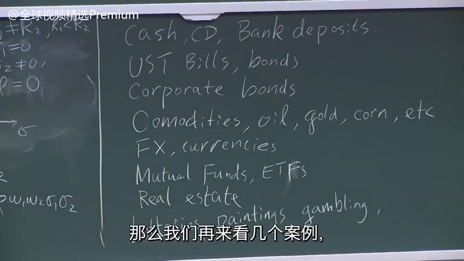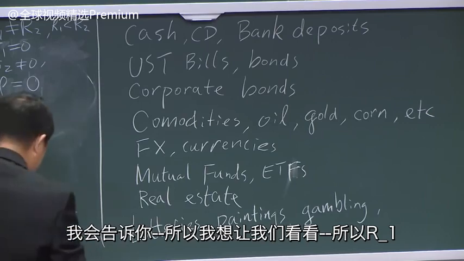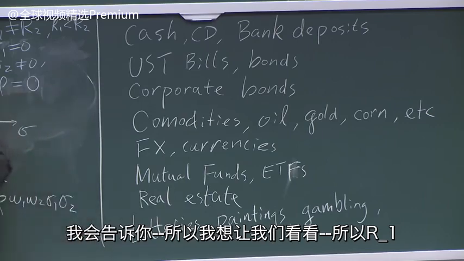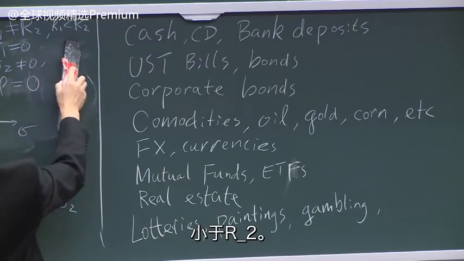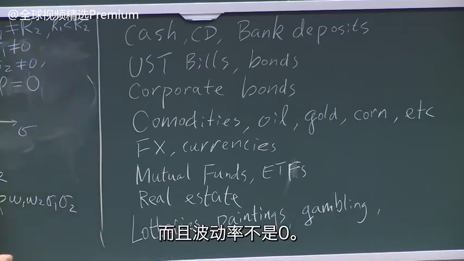So let's look at a couple more cases, then I will tell you. So R1 is less than R2, and volatilities are not 0.